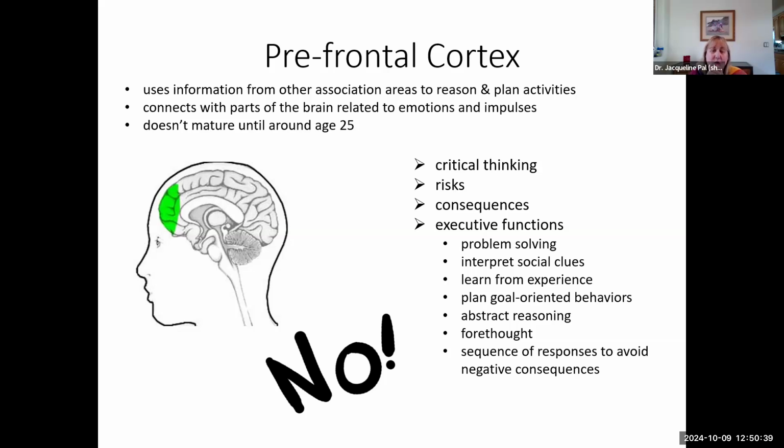And yet, what happens is so many of the youth in this country are being tried as adults as young as the age of 14, depending on the state that they live in.